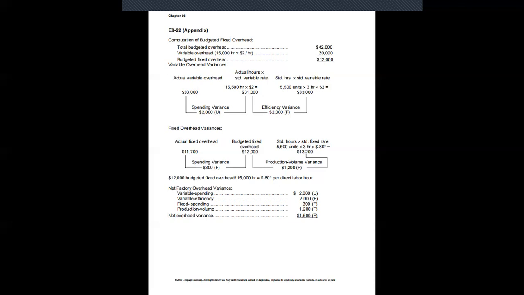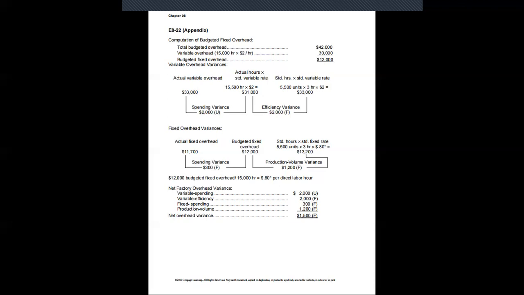So 15,500 actual hours, and then you multiply this by the variable rate of 2. So the actual hours times standard variable rate of 2, we get 31,000, and the spending variance is 2,000. It's unfavorable because the actual exceeds the standard here.